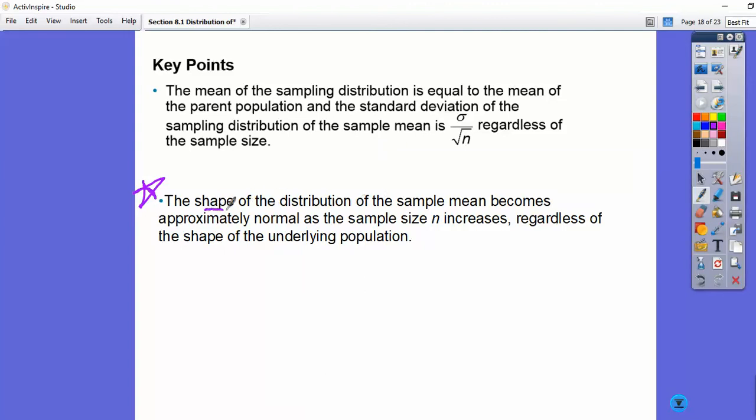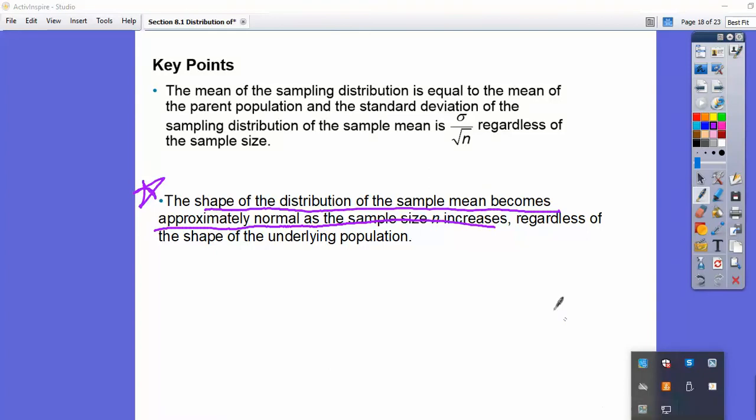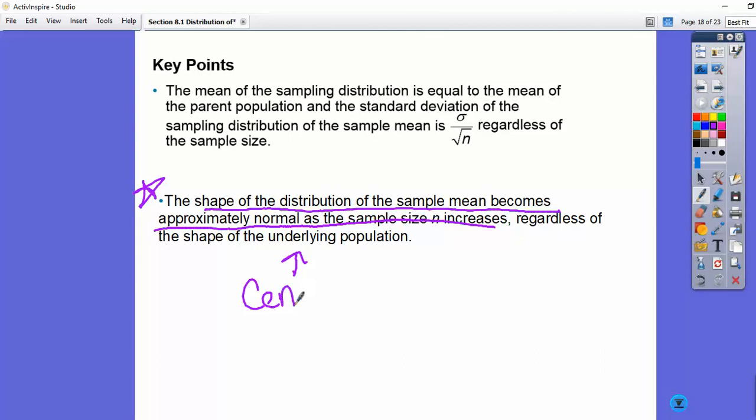The shape of the sample mean becomes approximately normal as the sample size increases. So even if the original data is not normal, if you look at the sample means, it will become normal as you take larger sample sizes. This actually has a name. It is called the central limit theorem.